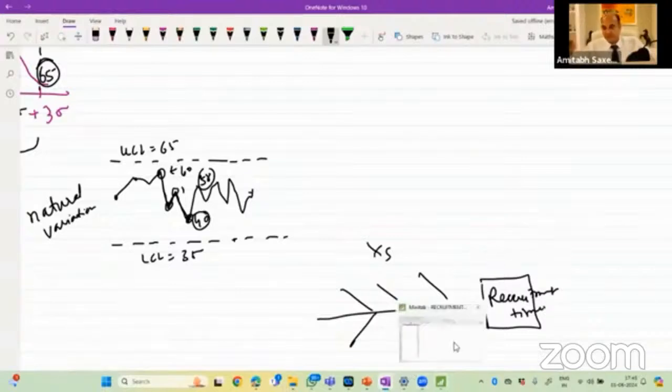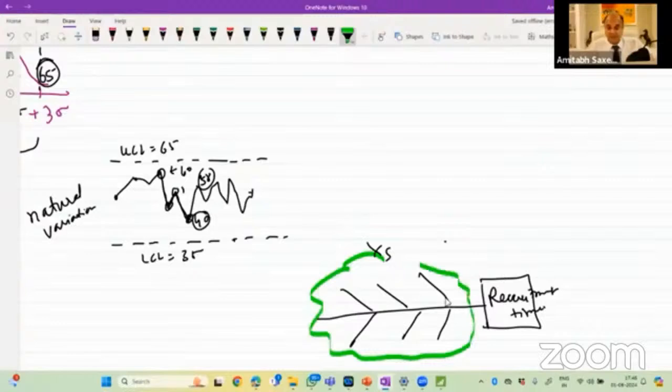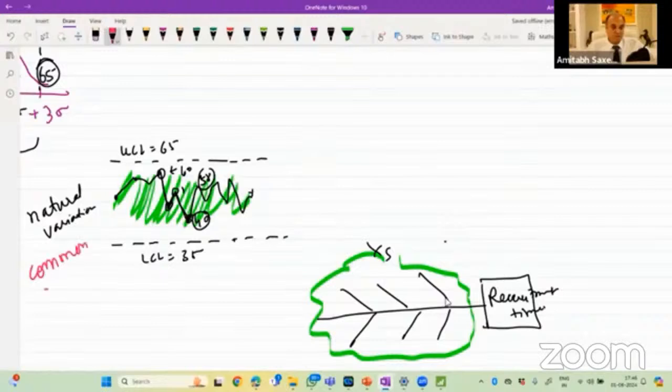In fact, in a short time, we are going to get our cause and effect diagram. So recruitment time is dependent on a lot of factors, like job descriptions available, candidates available, interviewees available, so many factors. These factors are collectively acting on my system and producing this variation. This is known as common cause variation.